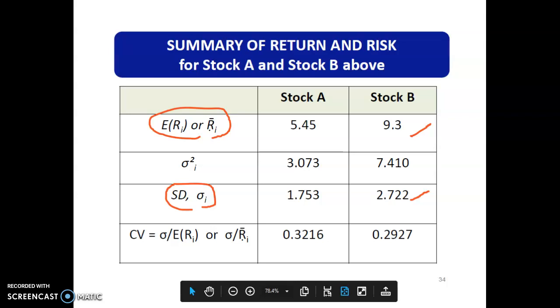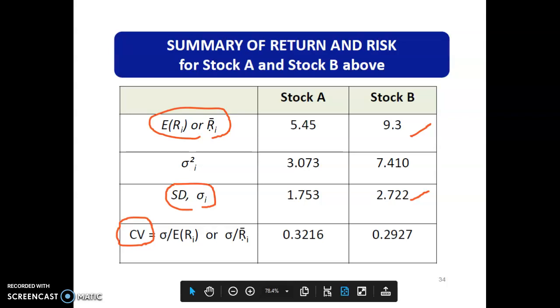You can look at it from the perspective of coefficient of variation, CV. CV is how much risk you take for the return that you get. So if the value of CV is high, it means that you encounter more risk to get such an amount of return.